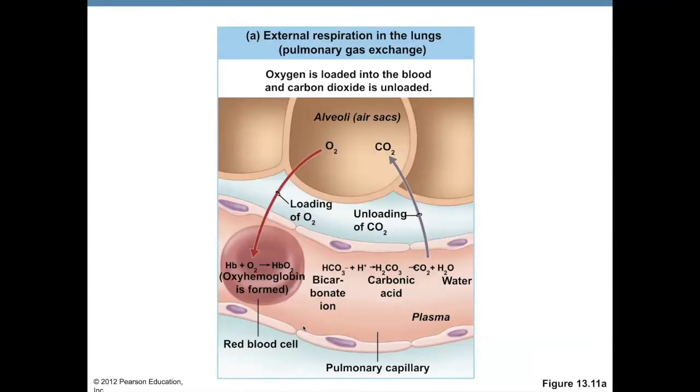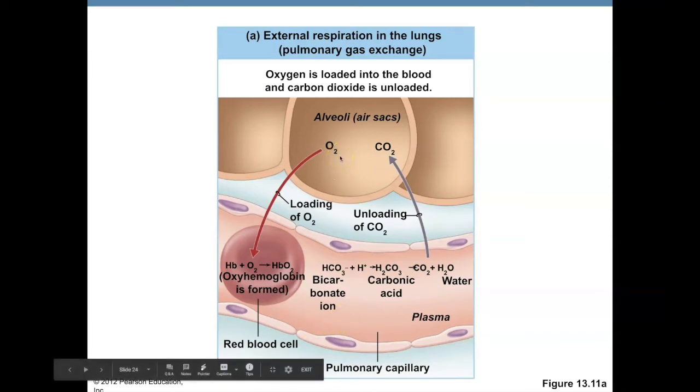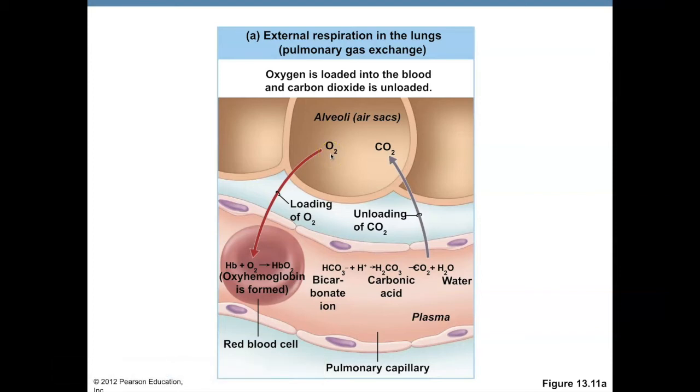And so, of course, for external respiration to happen, as I've said so many times already, oxygen is going to diffuse from the alveoli into the bloodstream. But oxygen doesn't just go into the bloodstream. It has to be carried by a red blood cell. And specifically, it can only be carried by a red blood cell if those red blood cells have the proper hemoglobin.